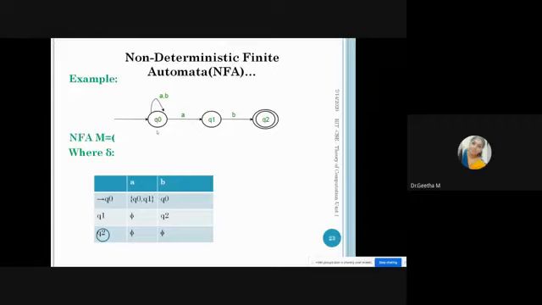Exactly one answer you will be getting, or you will be getting simply nothing. But in this case, one may be coming, or more than one may be possible here. So delta of Q comma A is Q0 comma Q1. The phi indicates there is no transition, so nothing comes here. That can be given by phi. So this is one NFA diagram and how the NFA diagram equals the transition table.